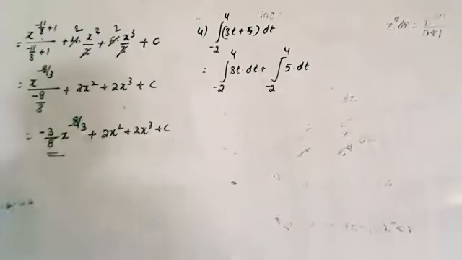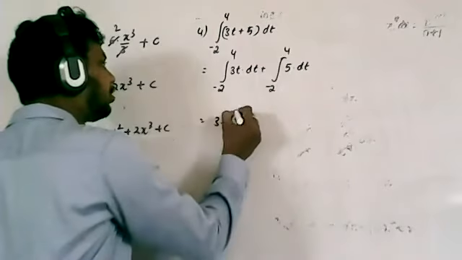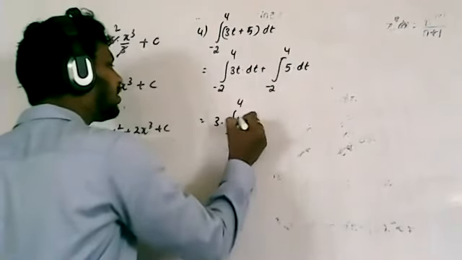Are you clear? Now I can write like this, 3 into integration from minus 2 to 4 of t dt.